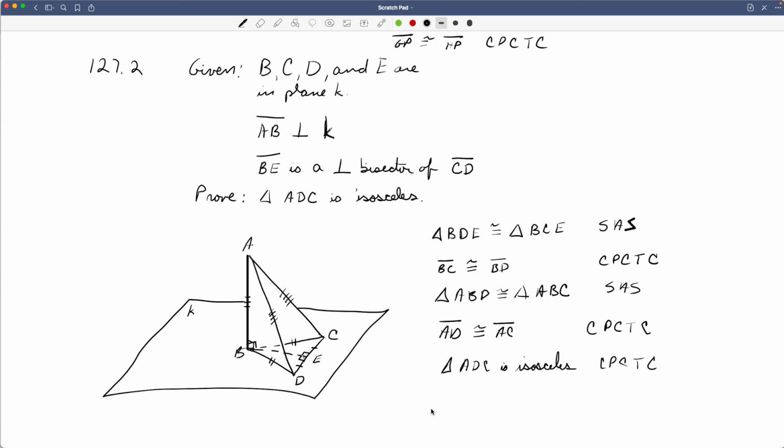You start with what you have and you look for the next thing that you can show is congruent to something else because of what you already know. And you move on to the next step and the next step and the next step until you get to the statement that you need to prove. You just work your way around to it, proving each thing is congruent until you get there.